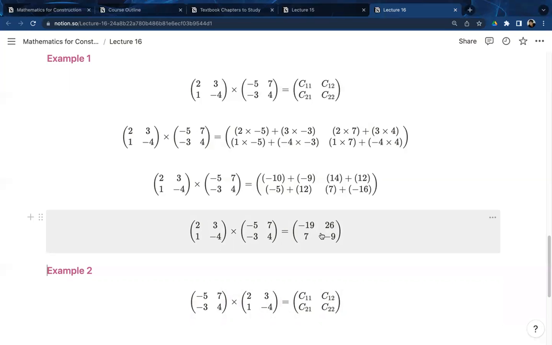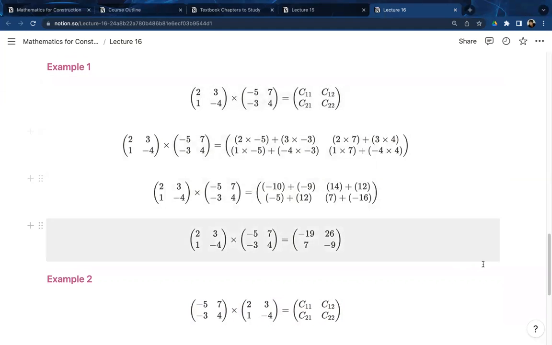Commutative means the order doesn't matter. A by B is B by A. We know multiplication of numbers is commutative. 3 by 5 is 5 by 3. But is it the same with matrices? So I reverse the matrices here, and I want you to do this for me now. Use the same idea that I showed you there and find the answer, and look at the answer and see if it is what we got before, okay?